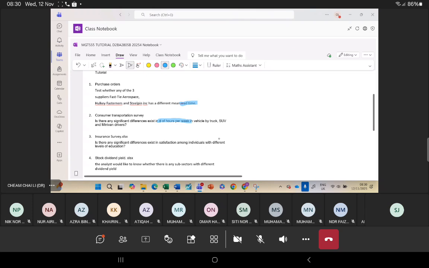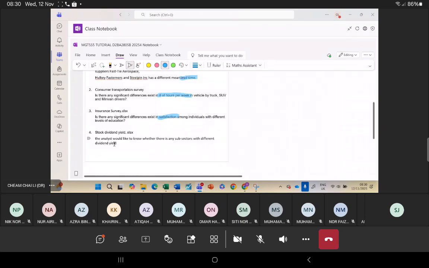So yang tu adalah elemen. Dan yang ada mean, ada numerical values adalah satisfaction, right? Satisfaction is the mean. You want to determine whether these 3 education levels have the same satisfaction atau different, right? And then the last one is stock dividend yield.